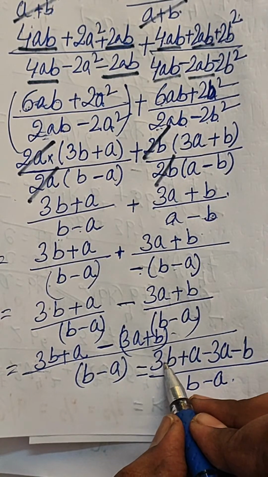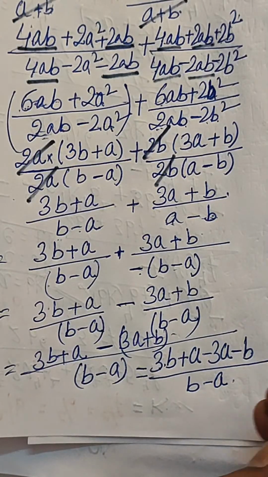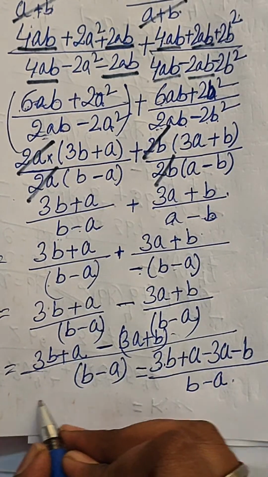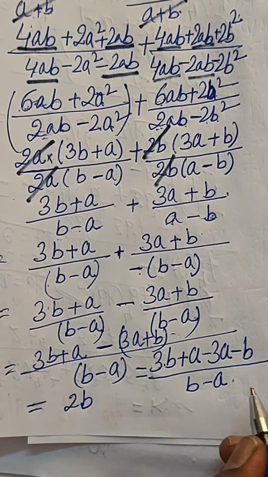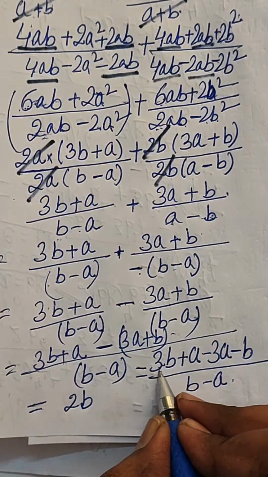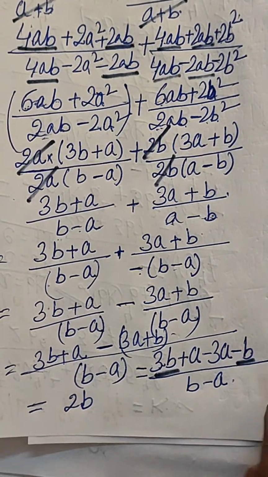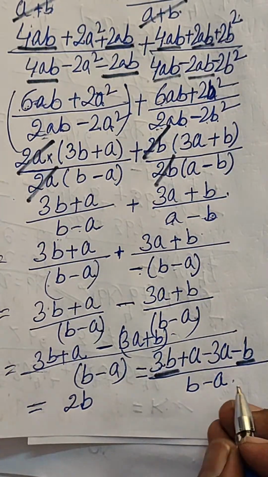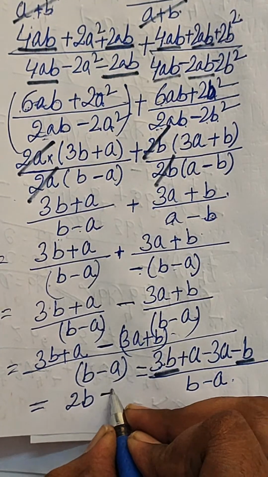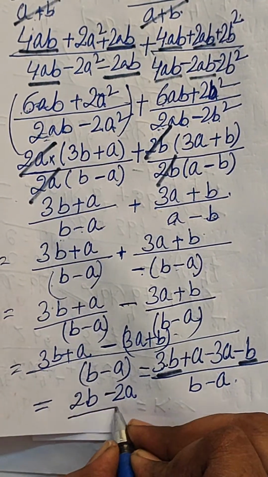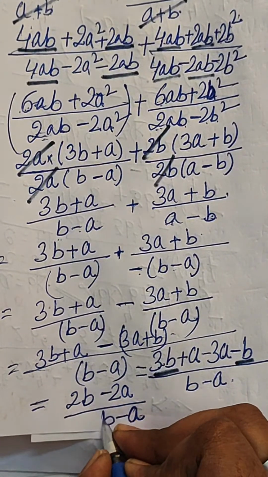Here from the like terms you can see 3b minus b is equal to 2b, and then a minus 3a is minus 2a, and in the denominator we have already b minus a, right?